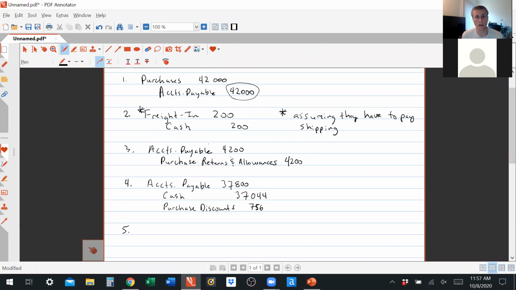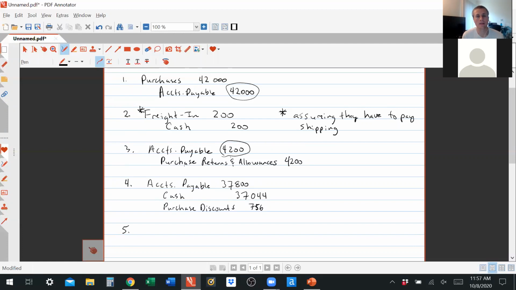Then we returned 20 of those 200 cameras to our supplier. Those 20 cameras originally cost us $210 each, right? 42,000 divided by 200 is $210 each. We returned 20 of them, so 210 times 20, $4,200 of accounts payable we no longer have to pay. We debited accounts payable, remember?